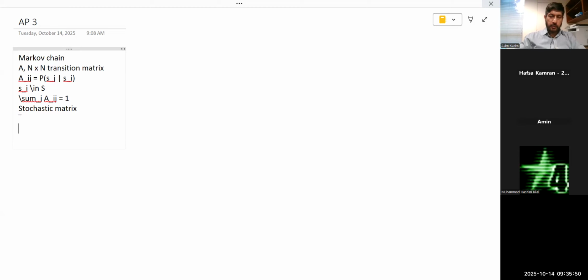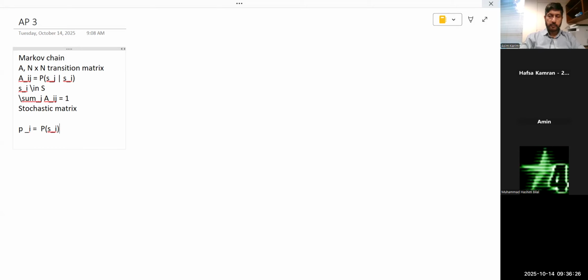So in addition to this, we also have a distribution over all the possible states. Let's say small p. This is the probability of being in state Si. Sometimes in notation you call this pi i as well. So p or pi i is the probability that you will see state Si.